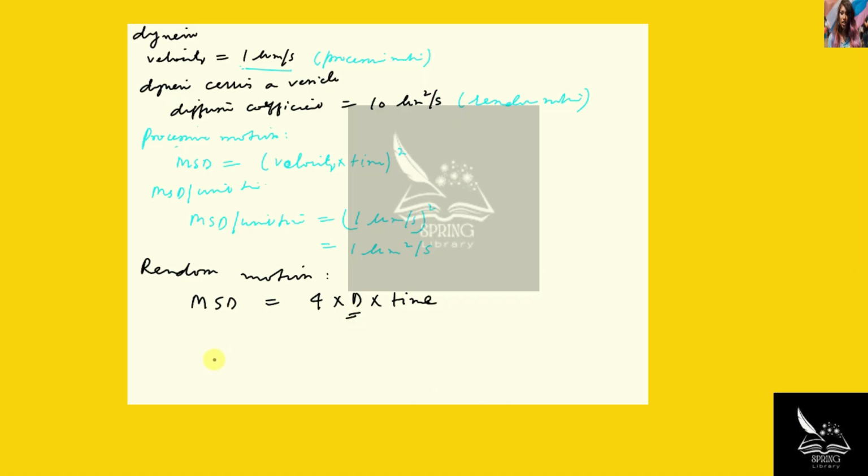So again here, like above, we will calculate the mean square displacement per unit time, which will be 4 times the diffusion coefficient, here given as 10 micrometer square per second.